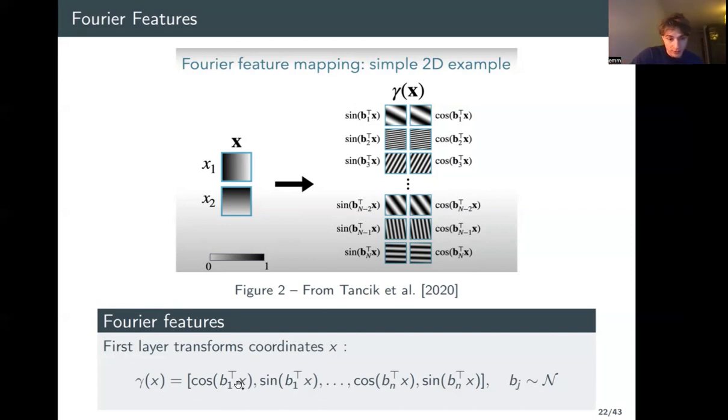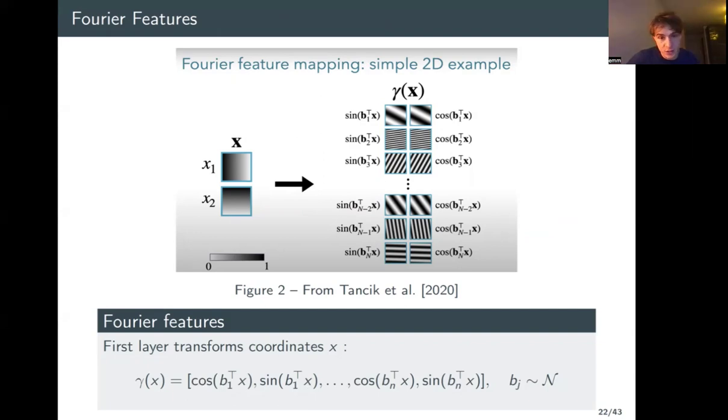We have x, our coordinate, then we do a scalar product with some random value, which can be learned or not. And then we take the cosine and the sine of that and do that for lots of different random values.